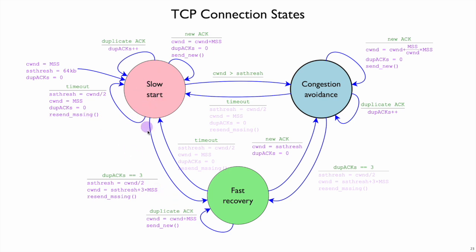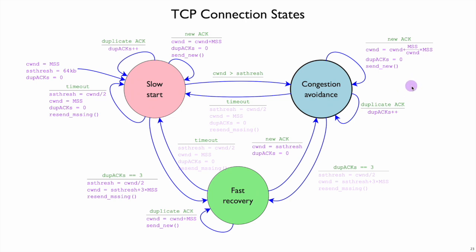Our edge here was when dupACKs is 3, so every time we get a single duplicate ACK, we need to increment our dupACKs counter. Every time we get a timeout, that's when our dupACKs goes back to 0 because we're going into slow start mode and giving up on the fast way of counting duplicate ACKs. In congestion avoidance normal mode, again, we send new data every time we get a good acknowledgement, and also here, if we get a duplicate ACK, we're going to bump up dupACKs.